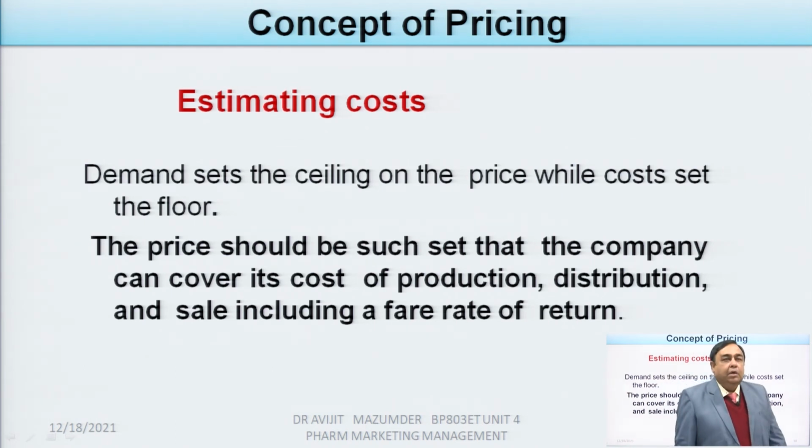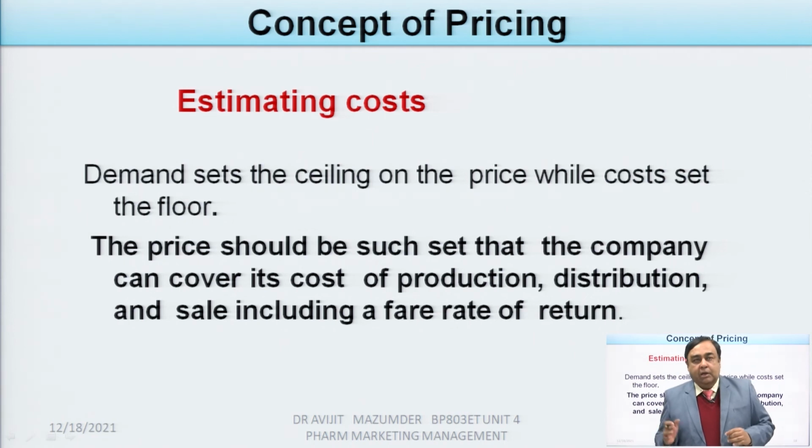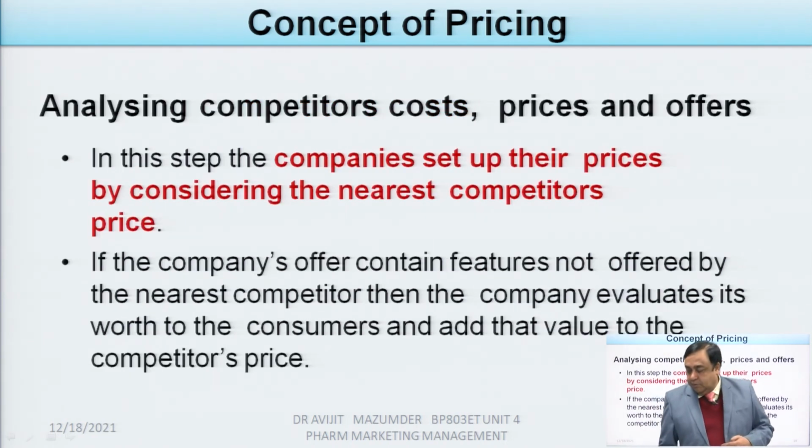Estimating cost. The demand sets the ceiling of the price while cost sets the floor. Say for example, the price should be set in such a way that a company can recover at least the cost of production and distribution, and a fair return. Analyzing the competitors' cost.